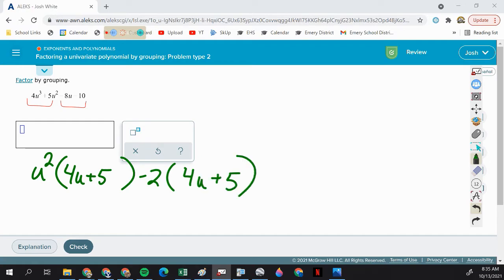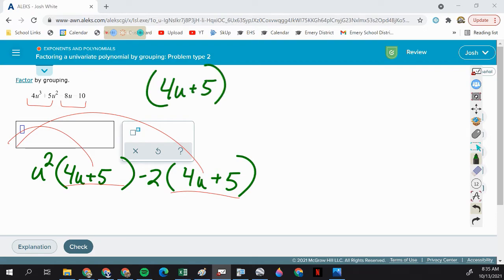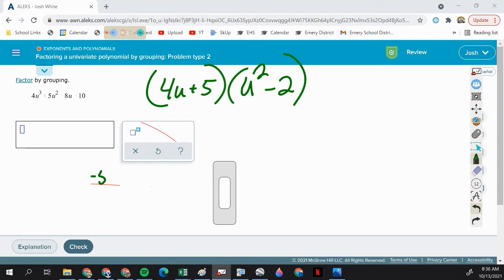They match. So now I take these out: 4u plus 5 and u squared minus 2. That makes sense? Okay, let me do another one.